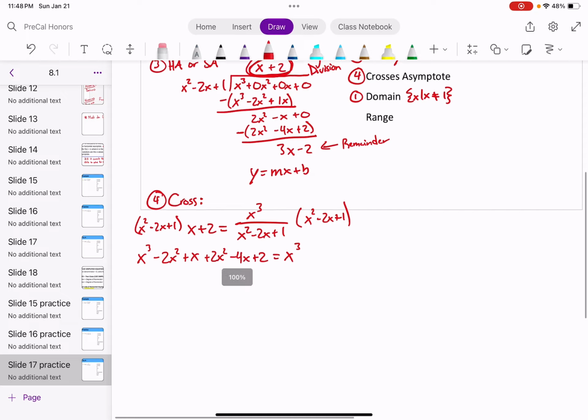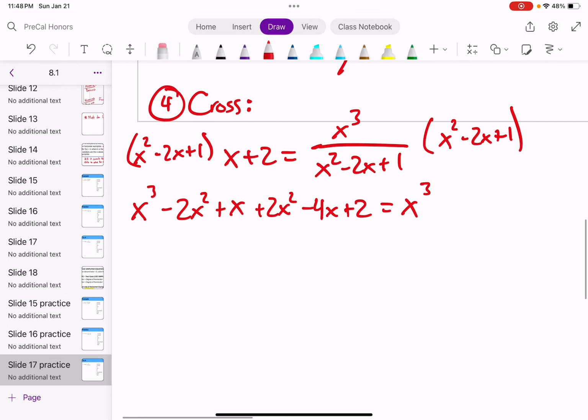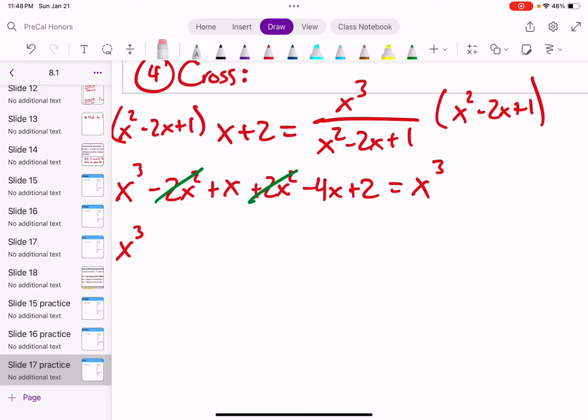We're going to go ahead, combine our like terms. Notice over here we have a negative 2x squared and a positive 2x squared, which cancel out. We're left with x to the third power plus x, and a negative 4x is a negative 3x, plus 2 is equal to x to the third power.